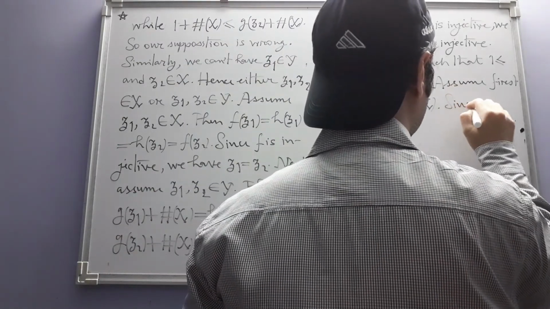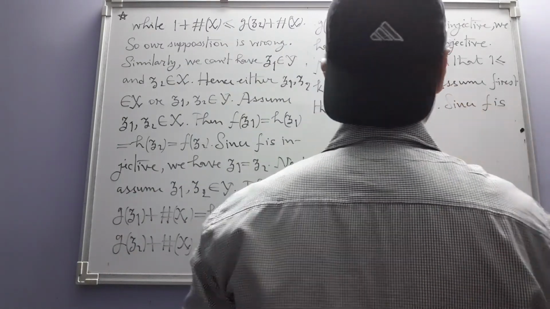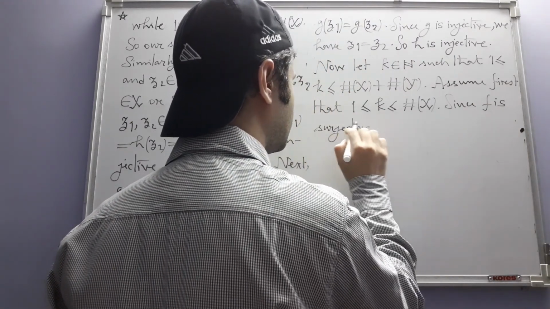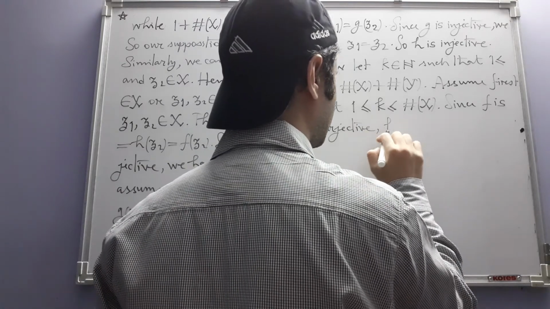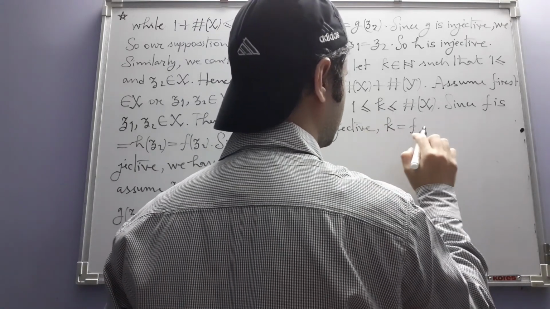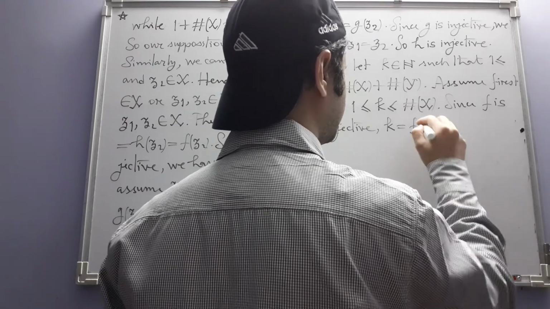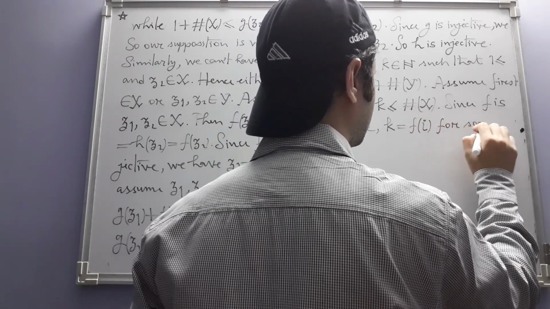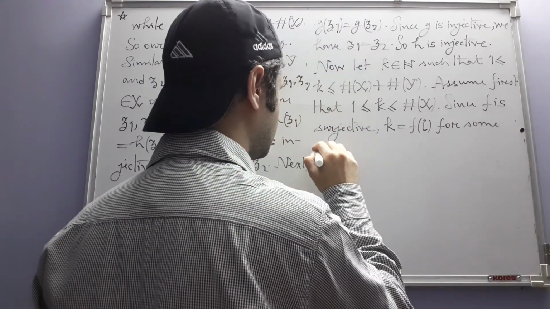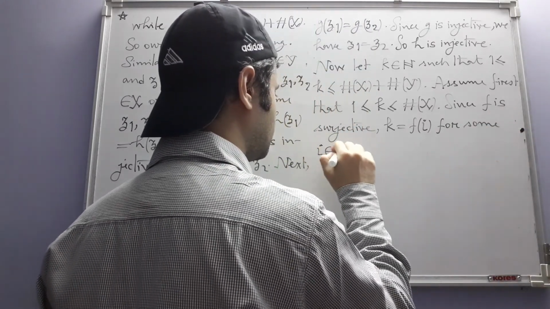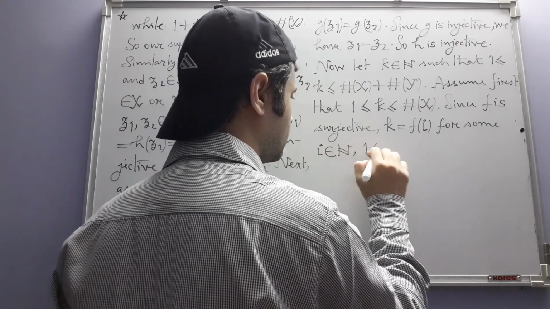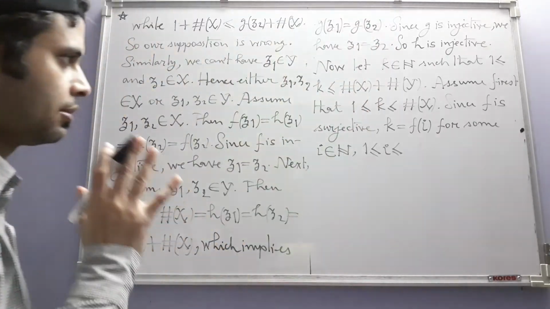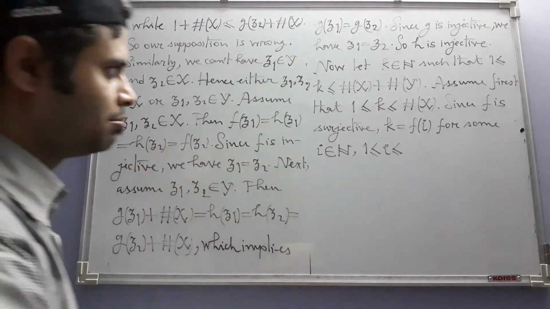Since F is surjective, K is equal to F of I for some natural number I lying between, oh no, wait, I think I have made a mistake.